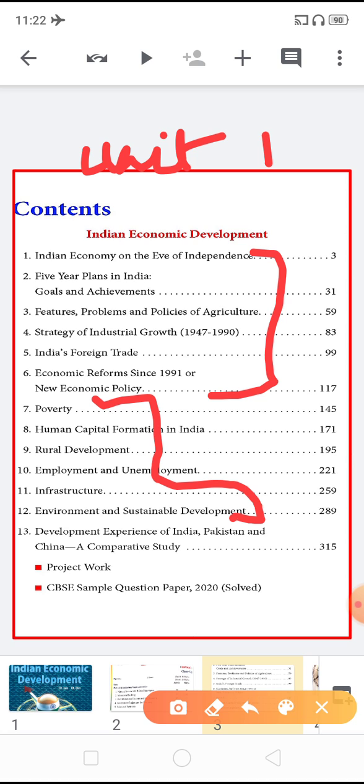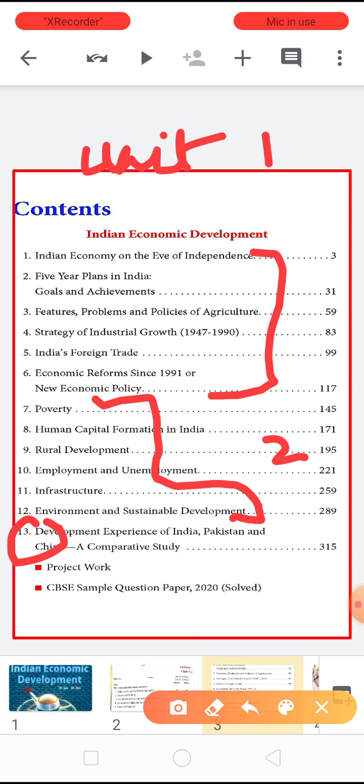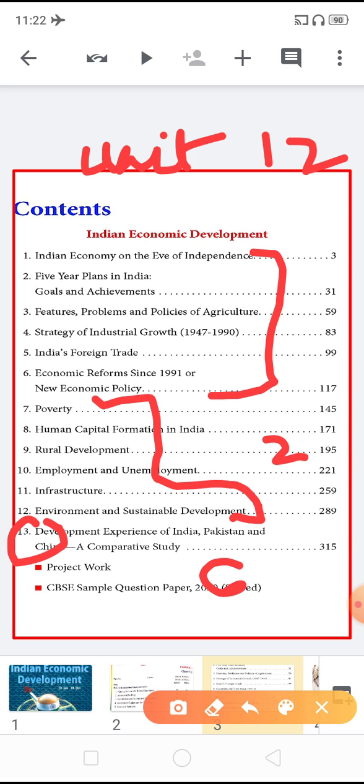And finally, chapter number 13, the development experiences of India, Pakistan and China, is basically a comparative study of these neighbor countries, which contains a weightage of 6 marks in your board examination. So this is how your syllabus is classified into the various units and chapters.